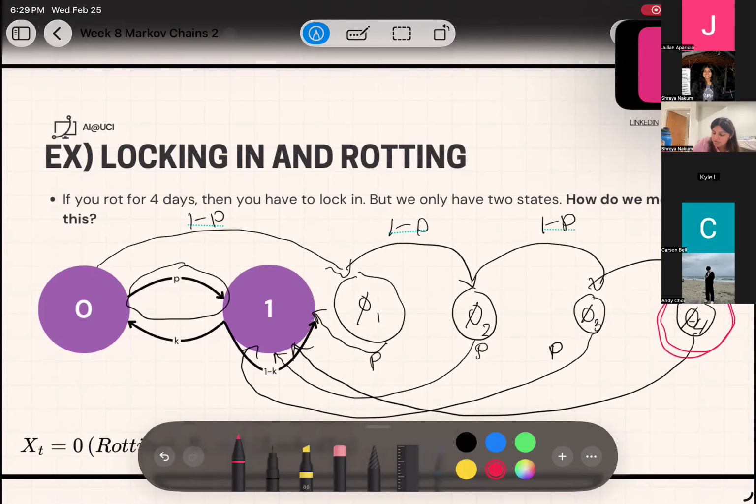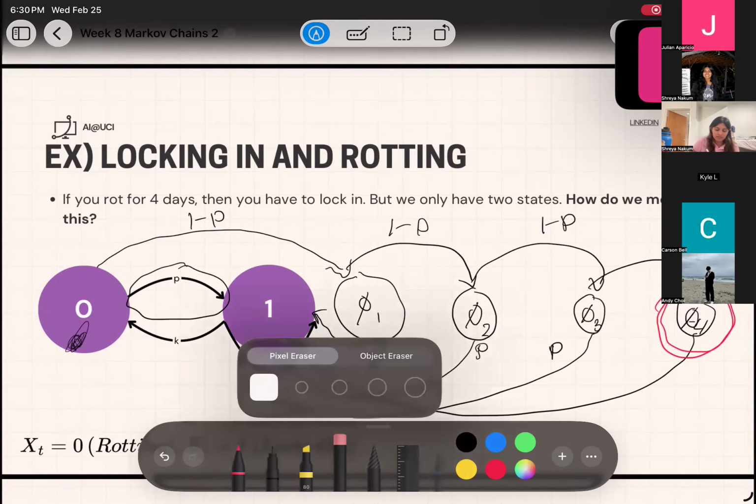But what about here? This is an important state. This is the last day of rotting. If it's the last day of rotting, we have to lock in. So there's no probability 1 minus p that we can return back to this state over here and rot once again.